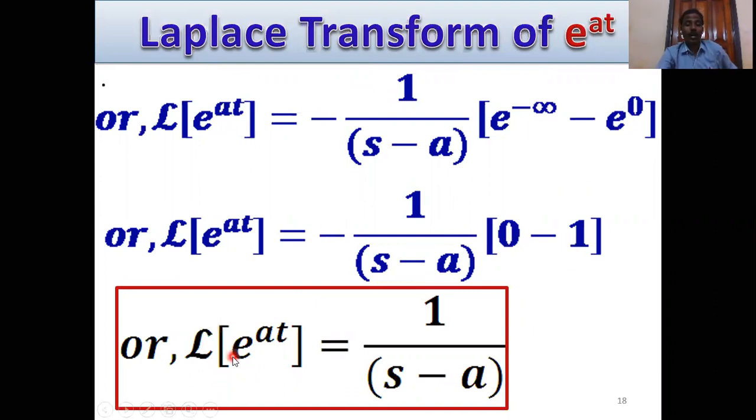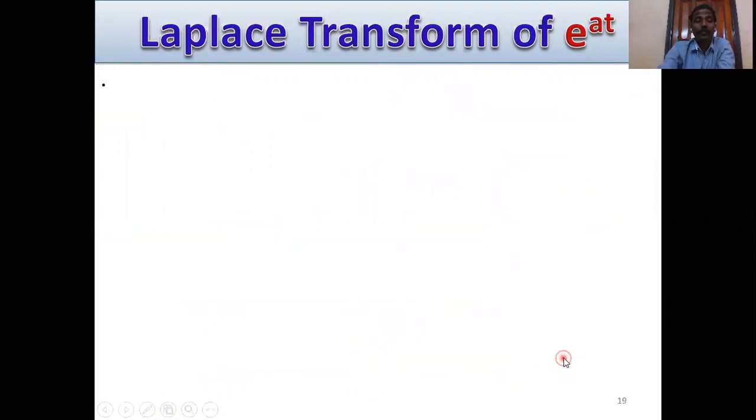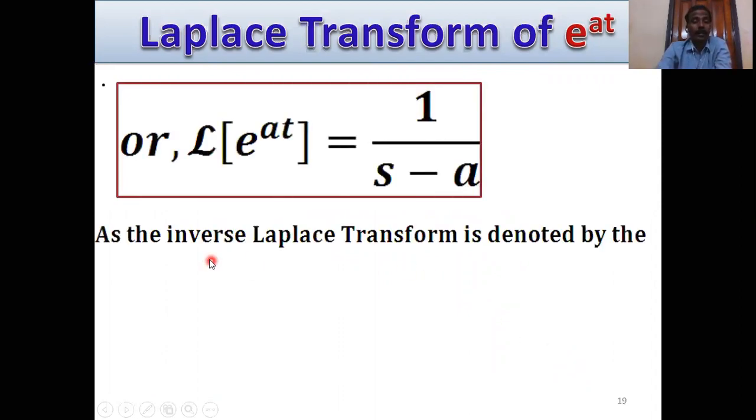So ultimately the Laplace transform of e to the power at equals 1 by s minus a. This is the formula for the exponential function: the Laplace transform of e to the power at equals 1 by s minus a.